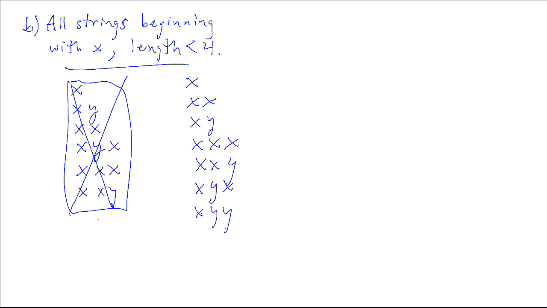I think this is a more reasonable way of listing them. I start with length 1, then I move to length 2, then I move to length 3. Let's put them in dictionary order. They're all in the X section of the dictionary, first of all.